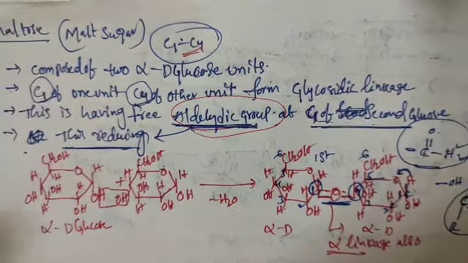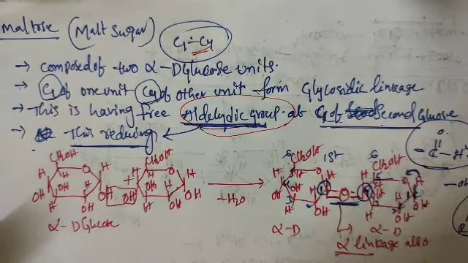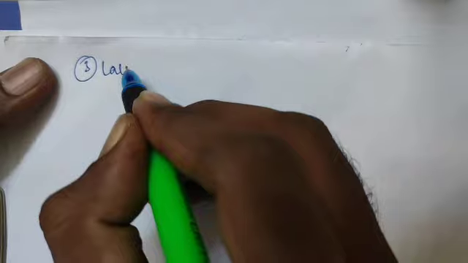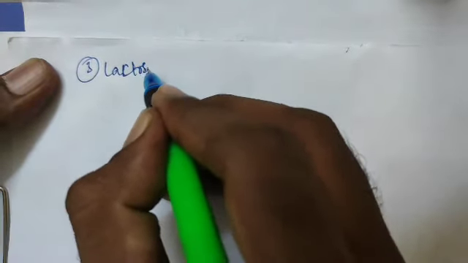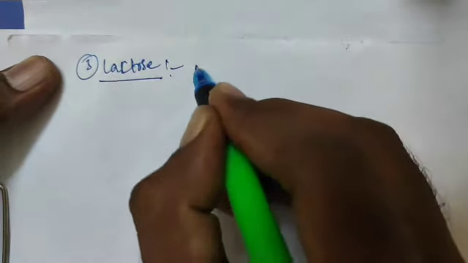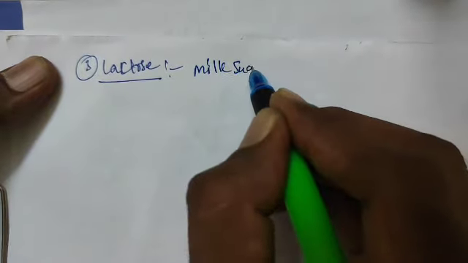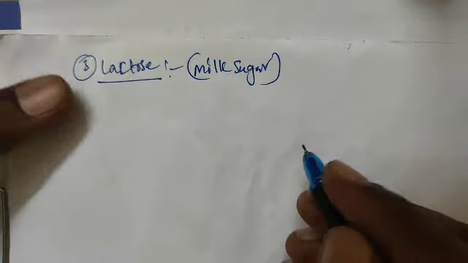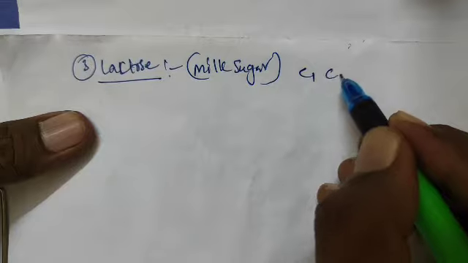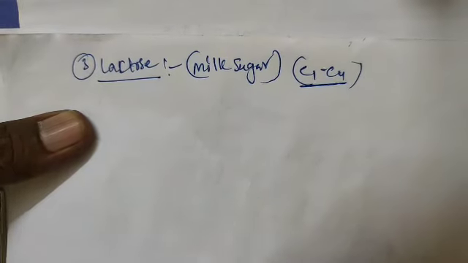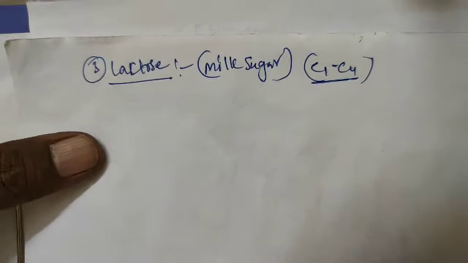This is about maltose. So next one, the third one, lactose. Lactose is also known as milk sugar. It is also C1 and C4 that will form a glycosidic linkage.